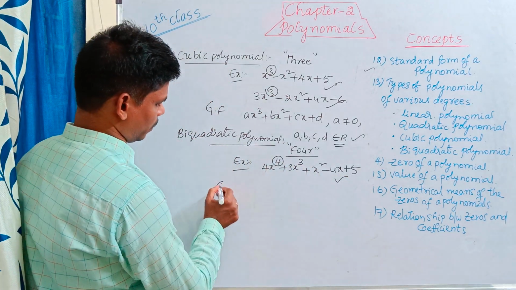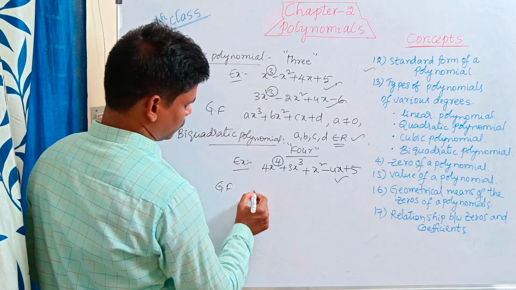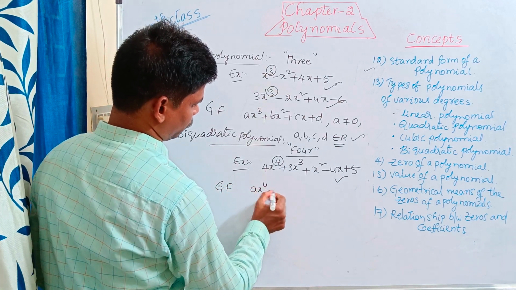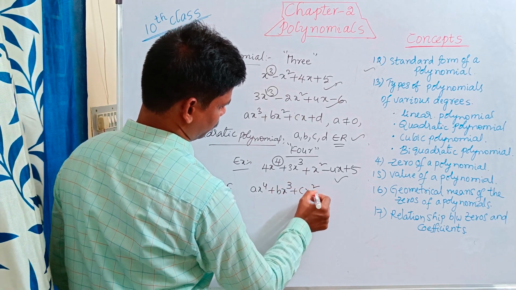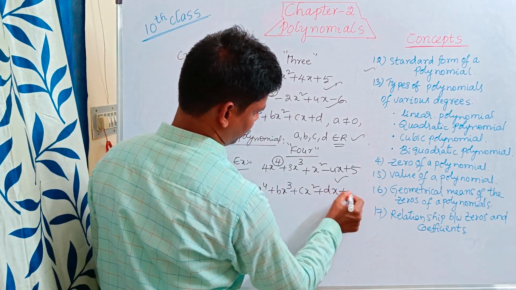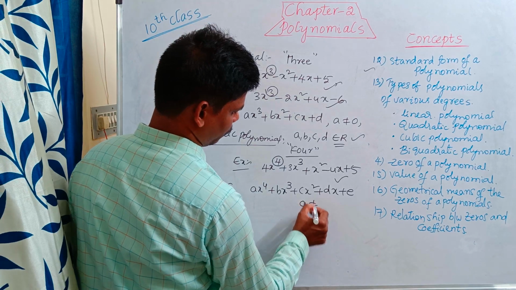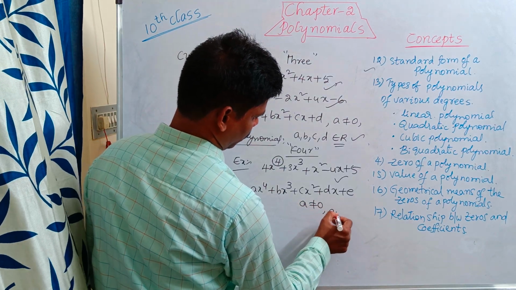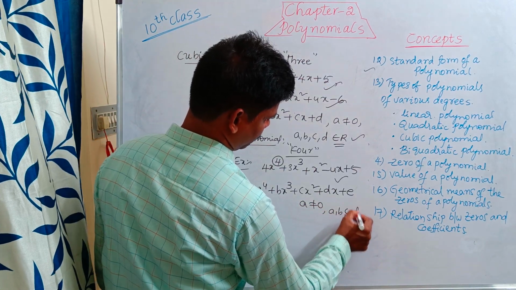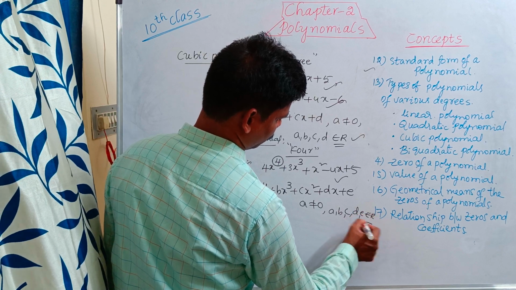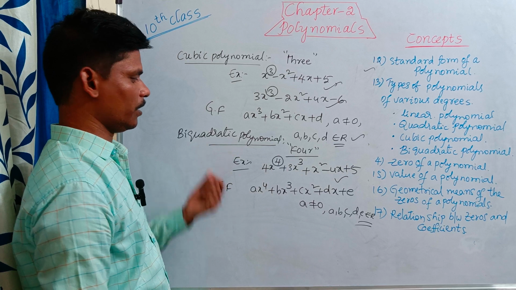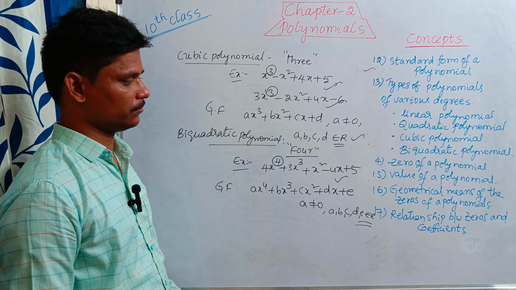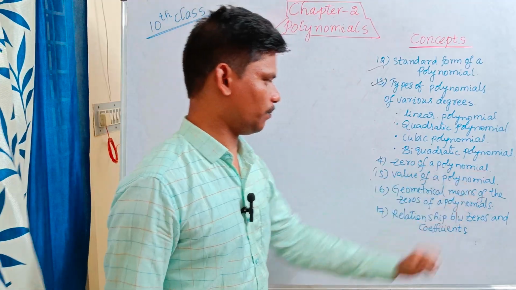So what is the general form? ax power 4 plus bx cube plus cx square plus dx plus e. Here a is not equal to 0, and a, b, c, d, e belong to real numbers. So this is the general form of a biquadratic polynomial.